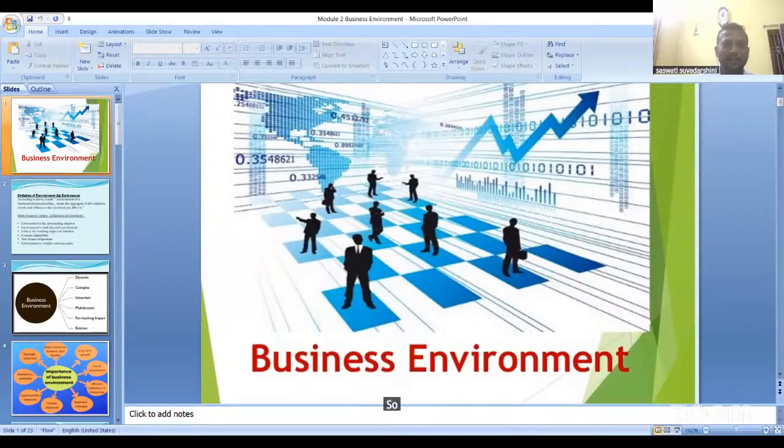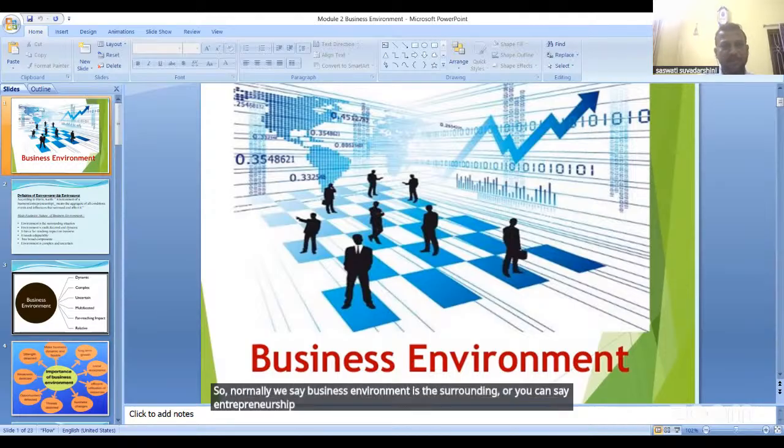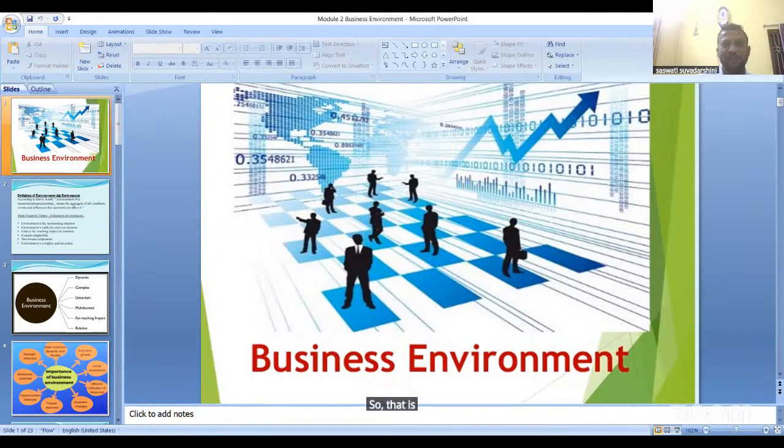Here I have given one or two definitions by different experts. Normally we say the business environment, or you can say the entrepreneurship environment, means what happens inside and outside of the business. So that is known as the business environment.